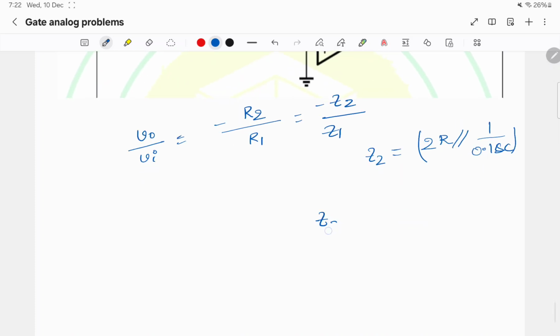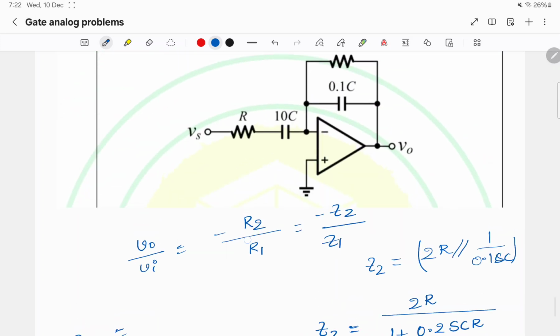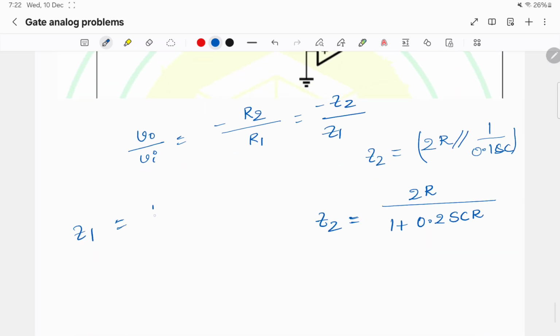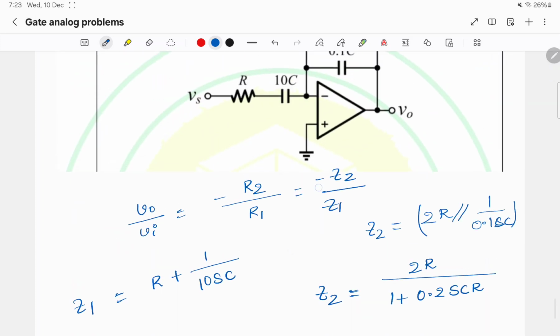If we simplify, this comes out to be 2R by 1 plus 0.2 SCR, and Z1 is R plus 1 by 10 SC, because these two are in series.